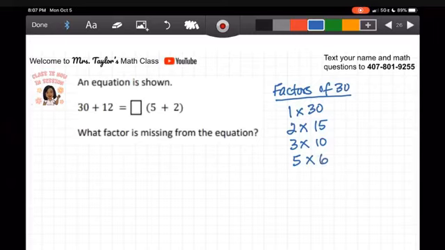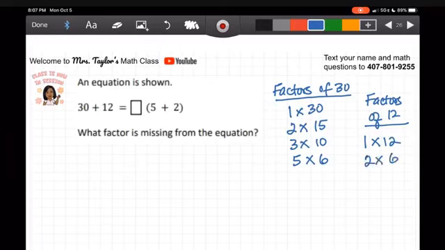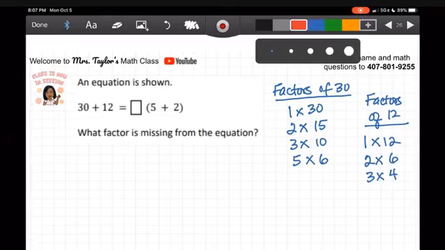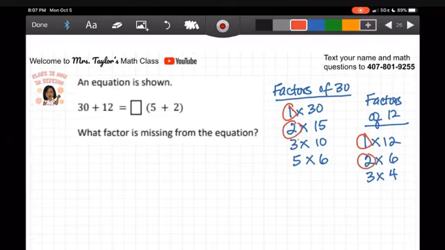Now let's do factors of 12. And I could do 1 times 12, 2 times 6, and 3 times, what's that, 4? Yes. So what do they have in common? Well, they have the 1, the 2, the 3, and the 6.